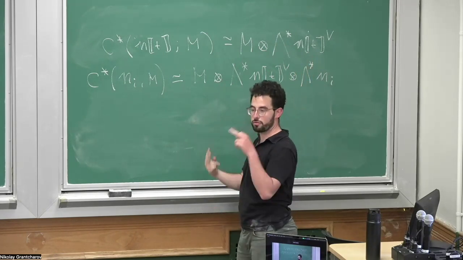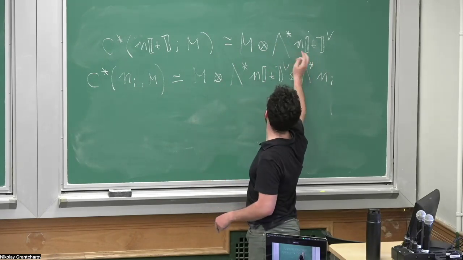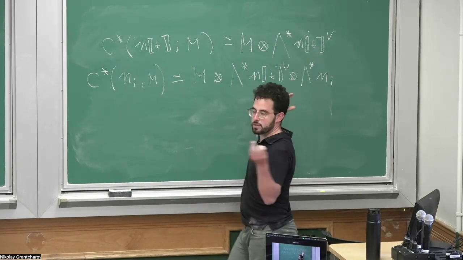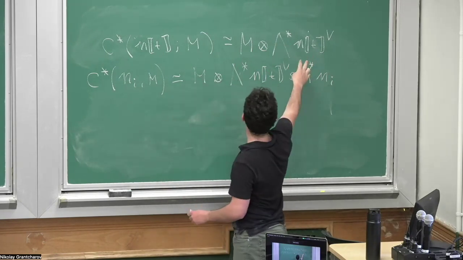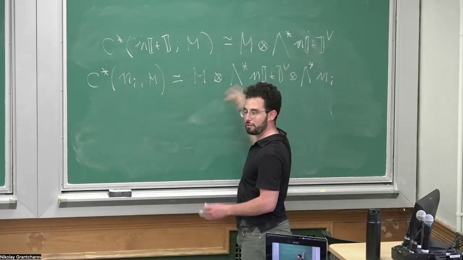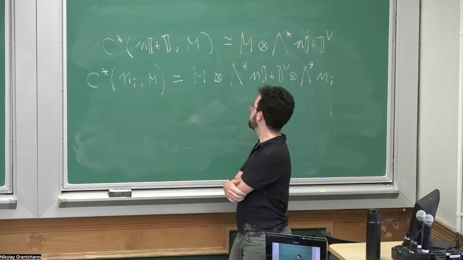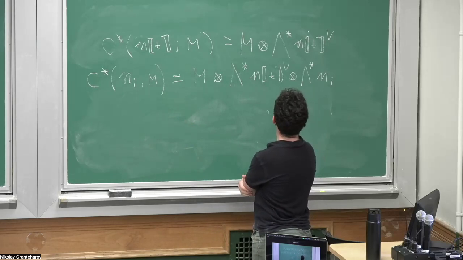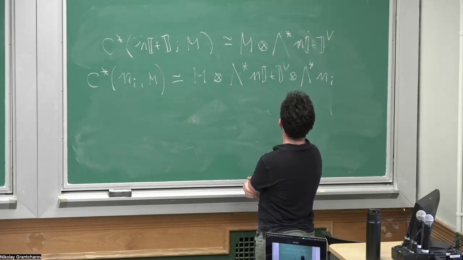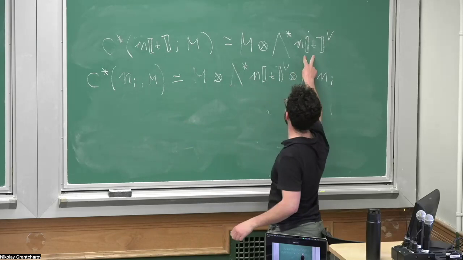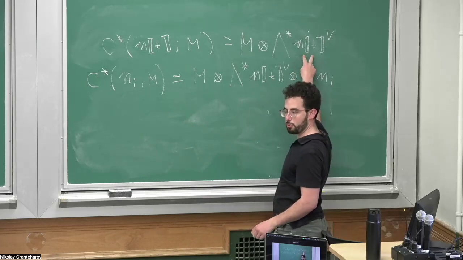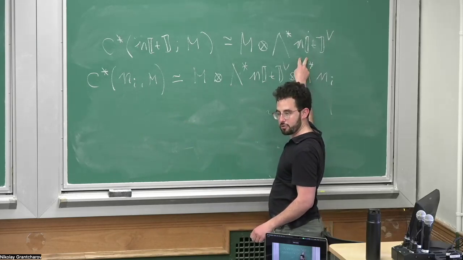It's like a direct sum. Is it the same as n dual bracket bracket t? No, because this will have a topology, while the other one will be a discrete object.